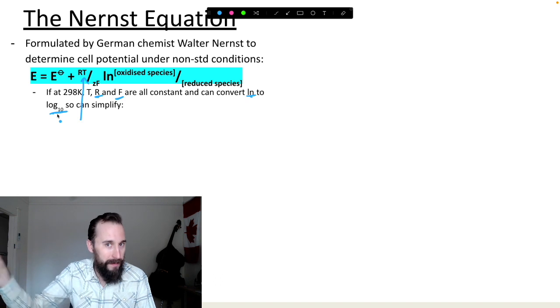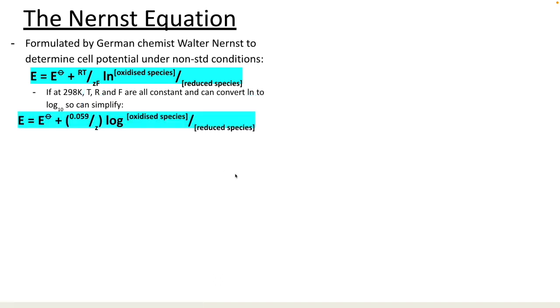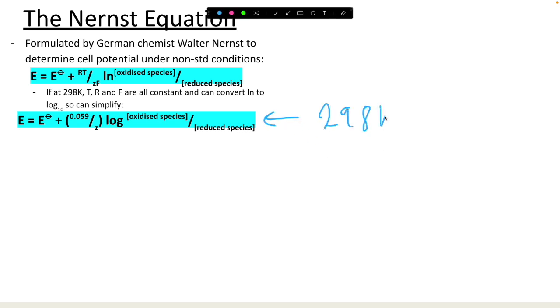So let's do all that behind the scenes, and we end up with an equation that looks like this. So if we have 298 Kelvin, this is the one we can use. If the temperature's changing, then we have to use that one up there, and we can plug in the temperature accordingly.